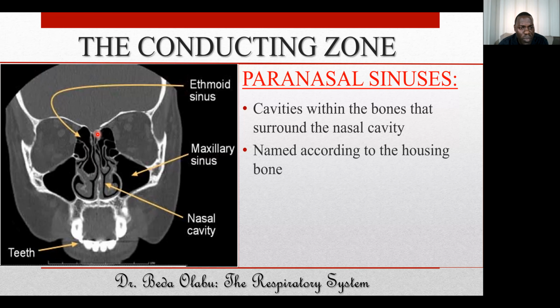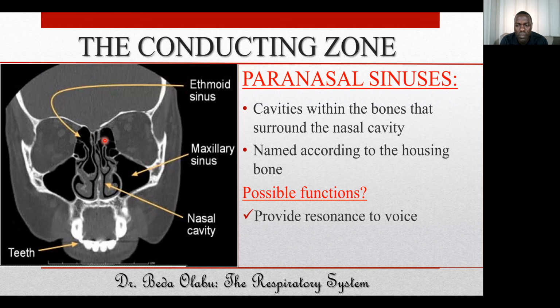These are the ethmoid sinuses. So we wonder about their role, and in as much as their actual function is not really known, it is believed that the paranasal sinuses are important in two ways. One, they provide resonance to the voice.